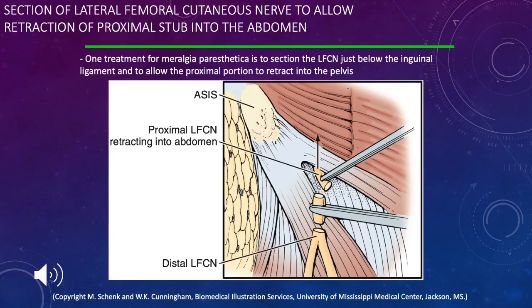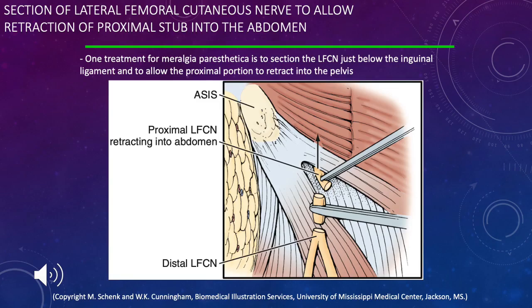Another pain problem that neurosurgeons are sometimes called on to treat are symptoms of a more distal entrapment of the lateral femoral cutaneous nerve, often called neuralgia paresthetica, which can generally be treated by a neuroplasty of the lateral femoral cutaneous nerve as it descends between the tensor fasciae lata muscle and the vastus.